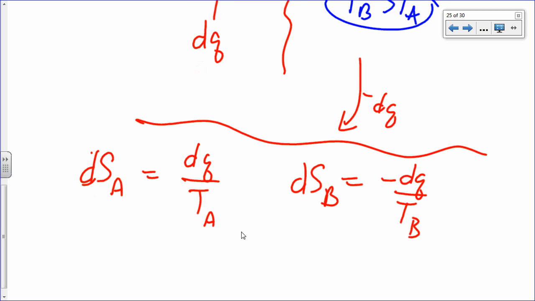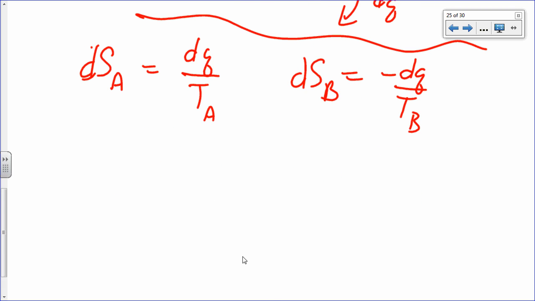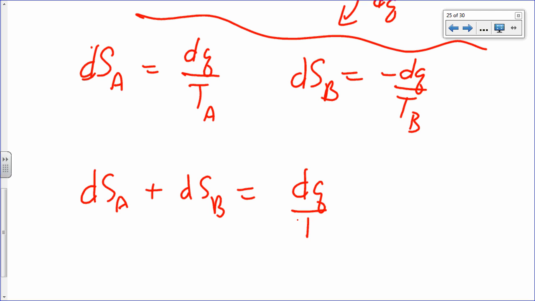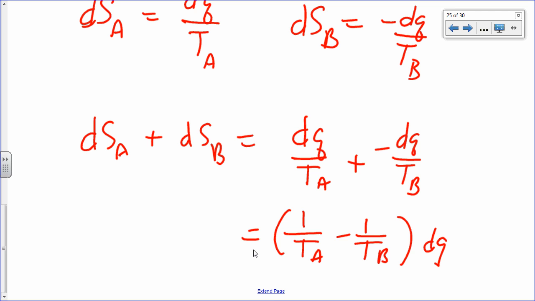What happens if we add these two? dSA plus dSB is equal to dq over TA plus negative dq over TB. What happens there? I can factor out dq, right? 1 over TA minus 1 over TB, times dq.